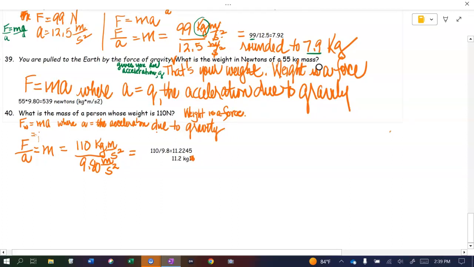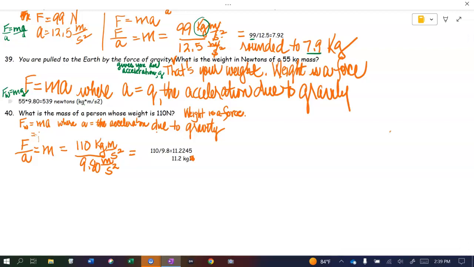All right, so then what I did was take this equation, which is F of weight equals m times g, and I multiplied the mass, 55 kilograms, times 9.8 meters per second squared, and that's how I was able to get those units.